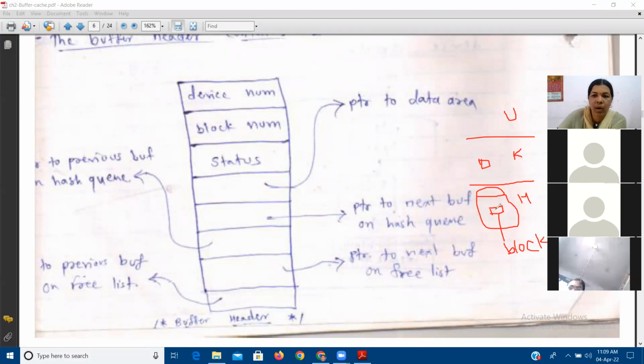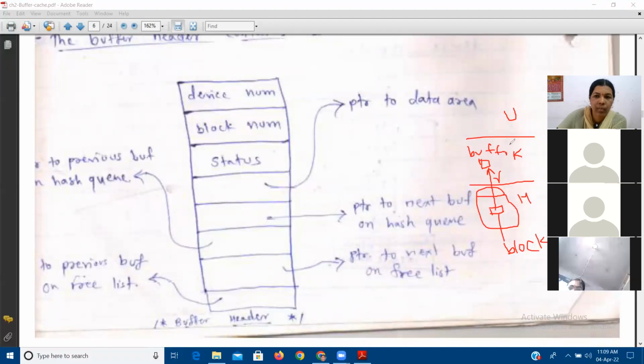And from this block, we are reading the data inside the buffer. So we call this a read operation, right? We are reading the data from block to buffer. Buffer is at the kernel level. This is the temporary memory, and this is the static memory, right?